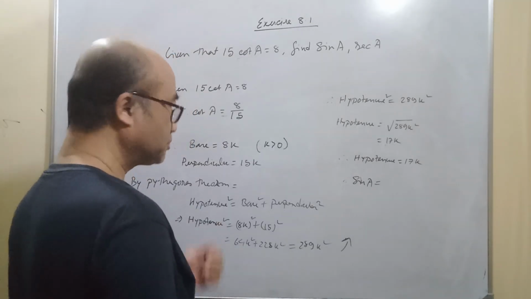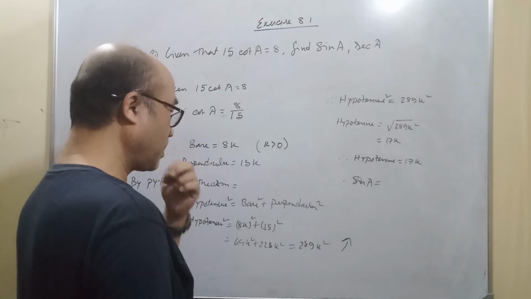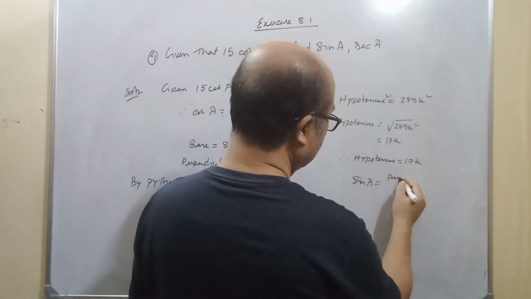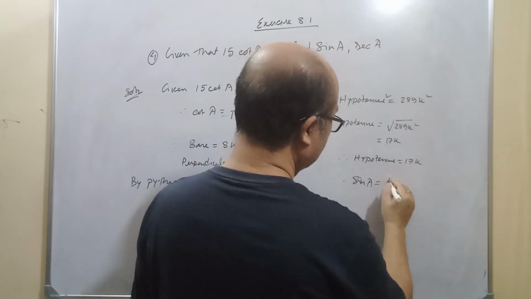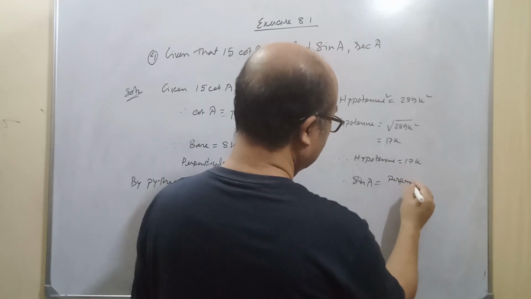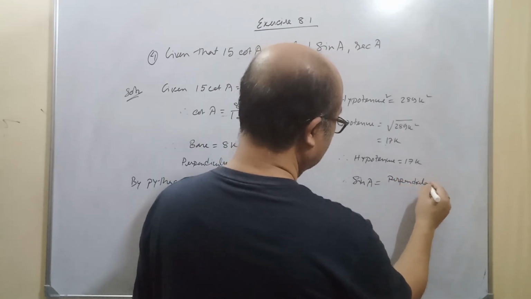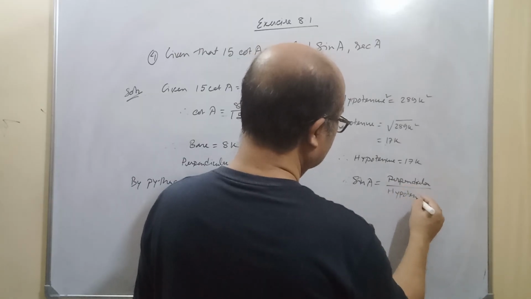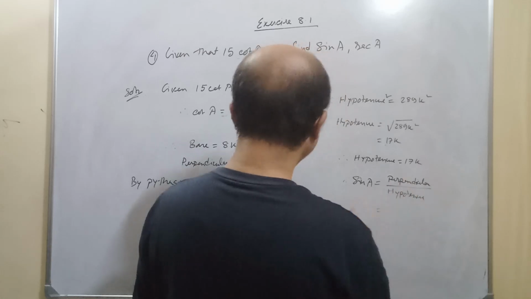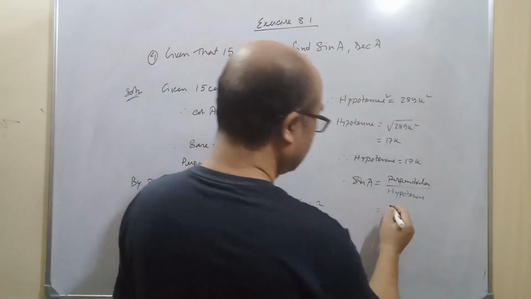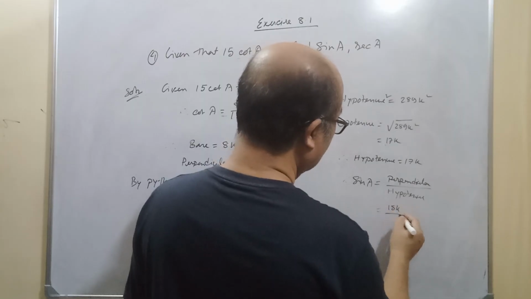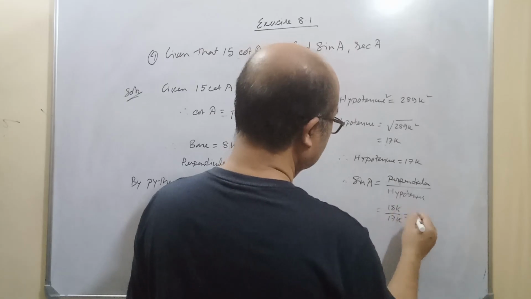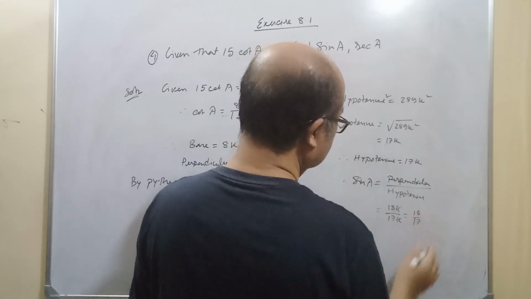It is perpendicular by hypotenuse. What is perpendicular? This 15k. What is hypotenuse? It is 17k. K cancels out. We get 15 by 17.